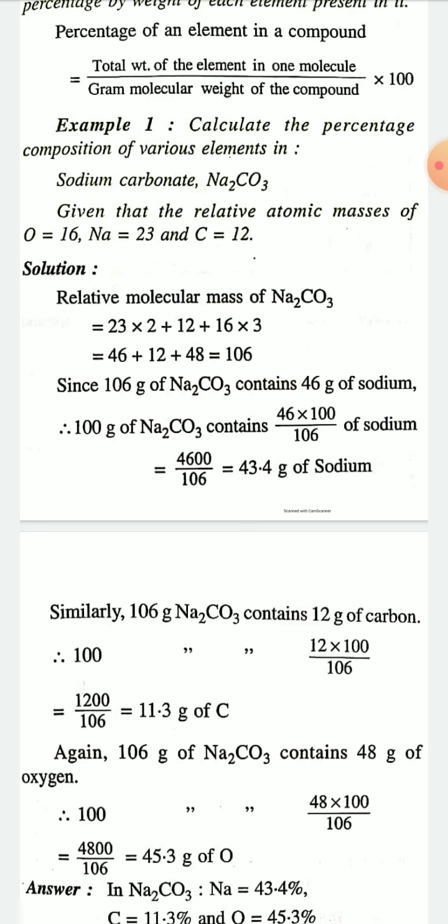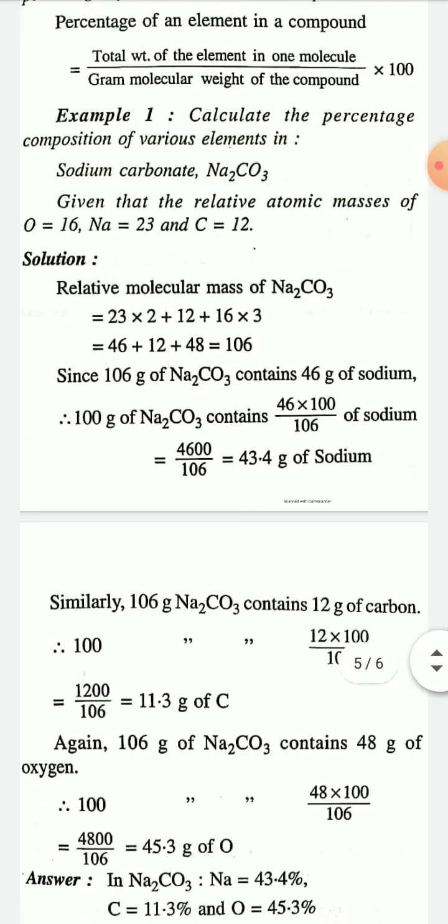So 106 gram Na2CO3 contains 12 grams carbon, because Na2CO3 contains one carbon atom and the atomic mass of carbon is 12. Then 100 gram contains 12 into 100 divided by 106. So the percentage becomes 11.3 gram of carbon.